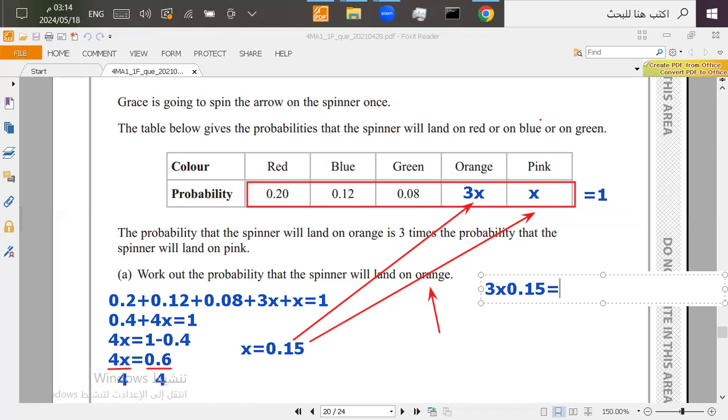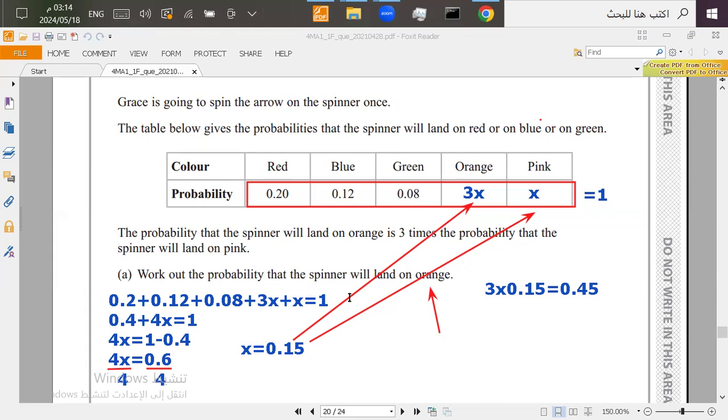So 3 times 0.15, and the answer is 0.45. And this is the probability of orange that they need, 0.45. Now, if they ask for the probability of pink, you're going to say it's 0.15. And this is how you answer a question like this.